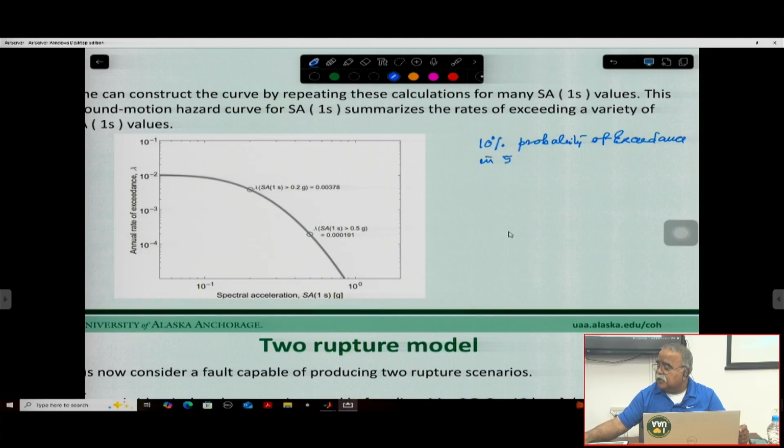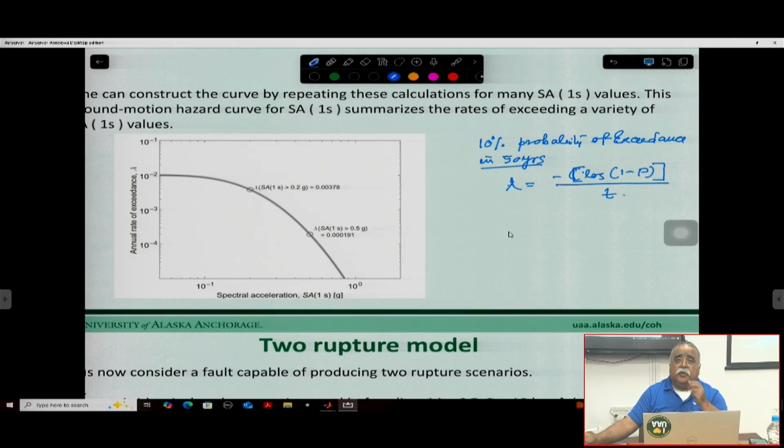So lambda, which is the rate of exceedance, will be equal to minus log of (1 minus P), divided by the time T. So P equals 10%, which means 0.1, and time equals 50 years.